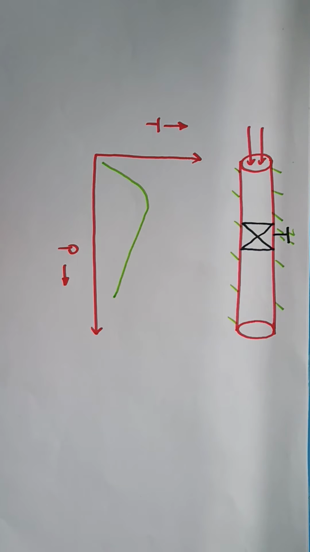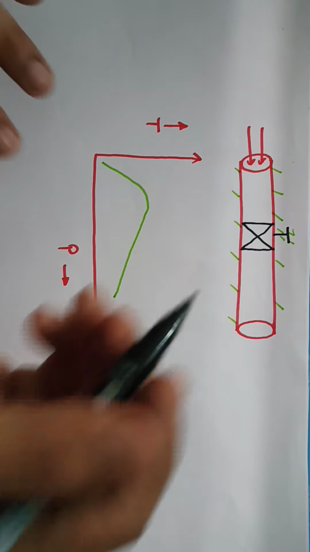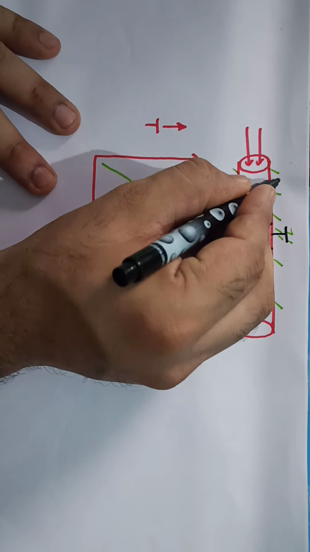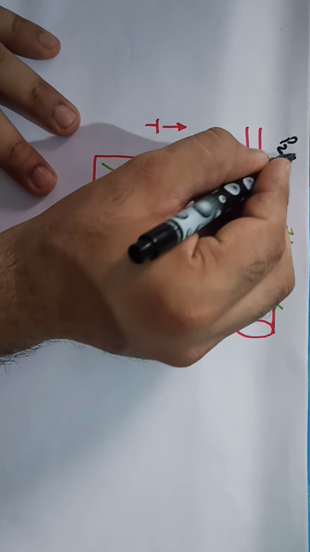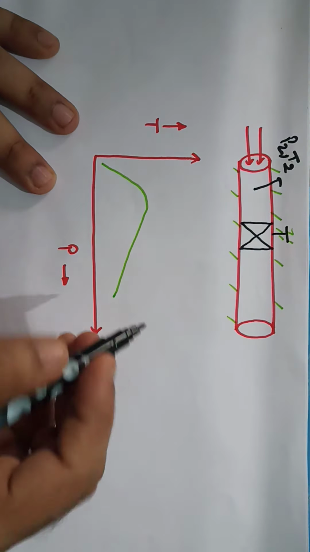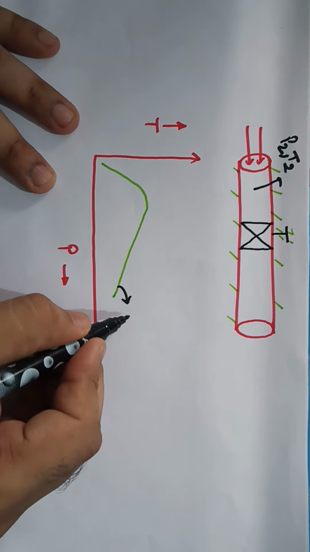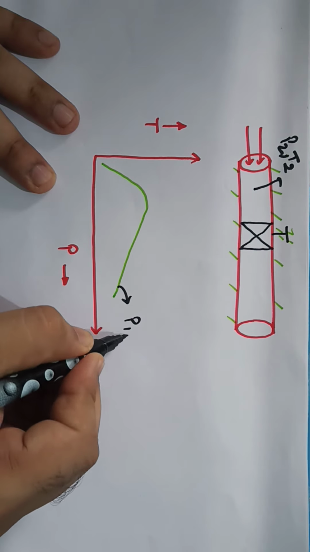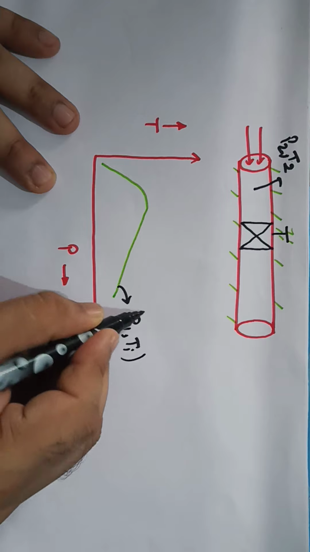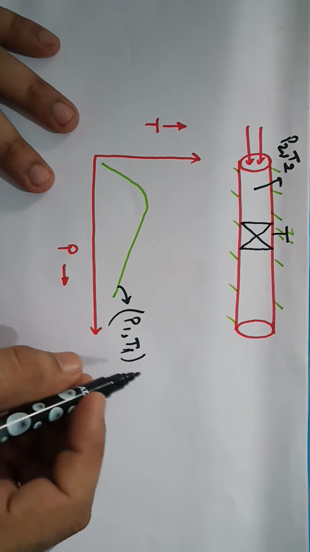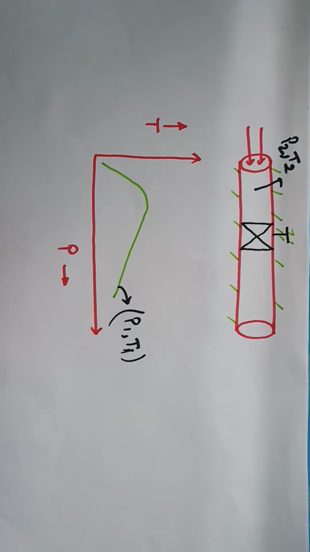Now what if we alter the inlet conditions from P1 and T1 to some other conditions P2 and T2? This curve which we obtained was for P1 and T1 as inlet conditions.